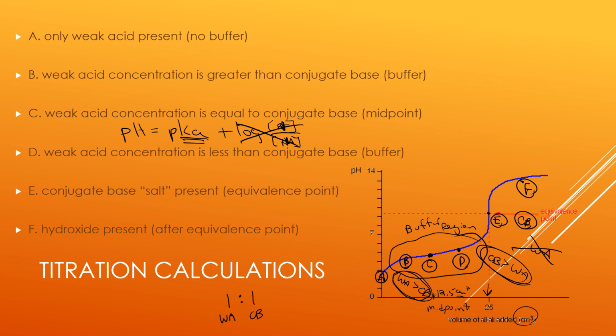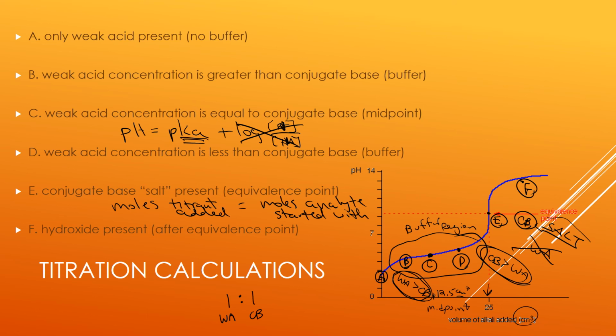And at the equivalence point, the moles of your titrant that you've added is equal to the moles of the analyte that you started with. When you have your conjugate base only, that is known as your salt. So to find the pH there, you're going to use your salt approach for pH.